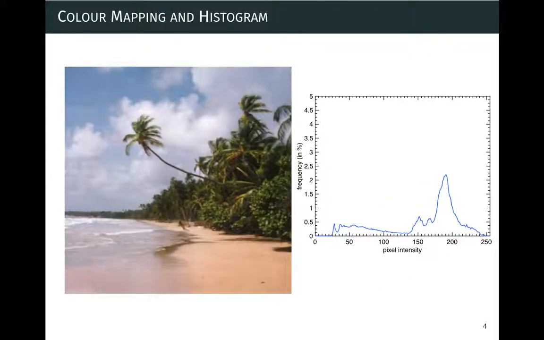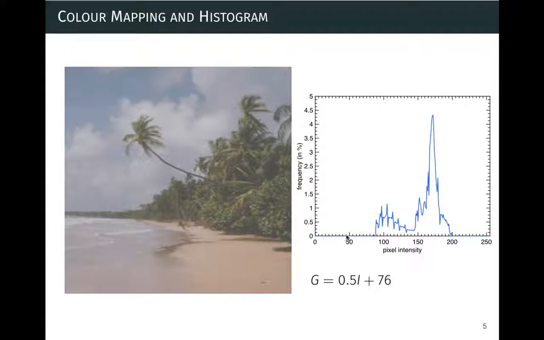Here the intensity was spread over the whole range of possible values: if you look here, it starts at 20 or 25 and ends at 250. It used almost the entire range of possible brightness, from very dark to very bright. By doing this, we reduce that range.